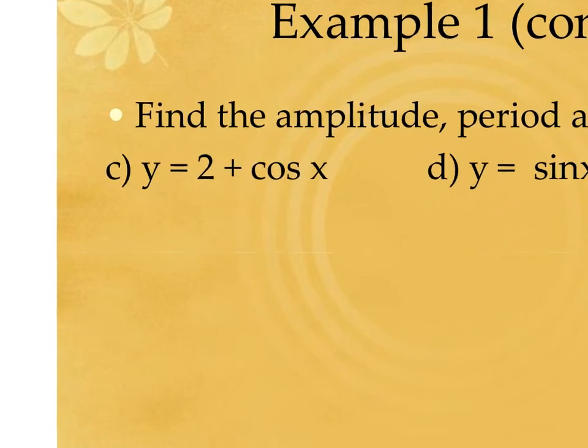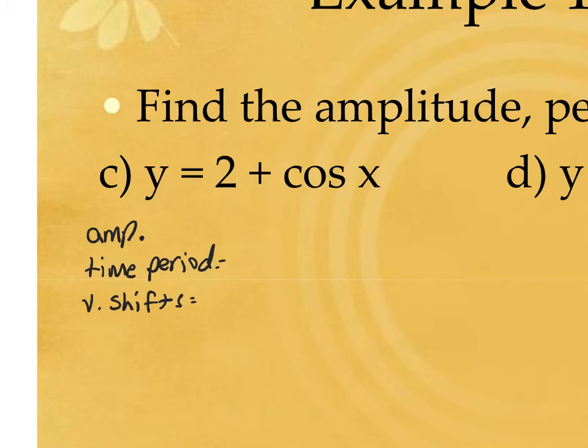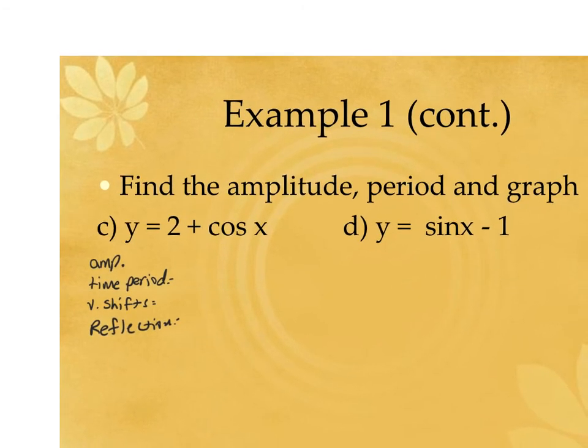Here we're going to find, again, the same things. We're going to talk about amplitude, time period, vertical shifts, reflection. Now, think about all of the things I told you guys you can find just by looking.